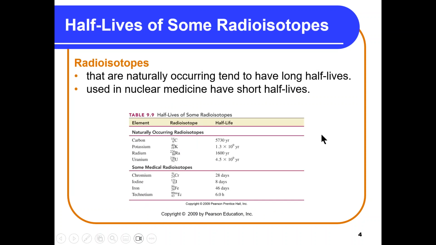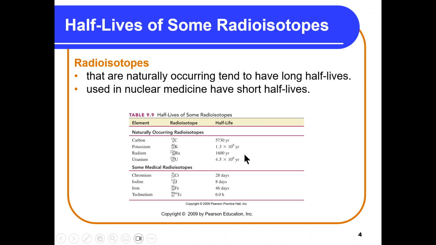All right. So as I was saying earlier, different radioisotopes have different half-lives. And these times can vary from seconds to billions of years, right? I mean, there's really no limit, so to speak, in terms of the possibilities. So in the case of carbon 14, its half-life is measured at 5,730 years. But when you look at potassium 40, its half-life is 1.3 billion years, right?